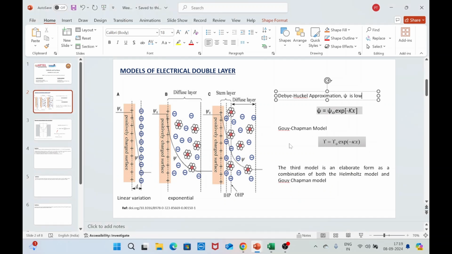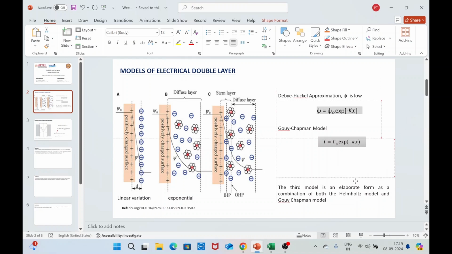That is what the Gouy-Chapman model does, where we evaluated the potential of the surface without having a condition of low surface potential, unlike in the previous derivations.